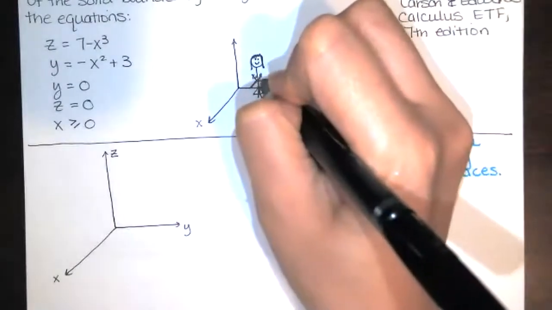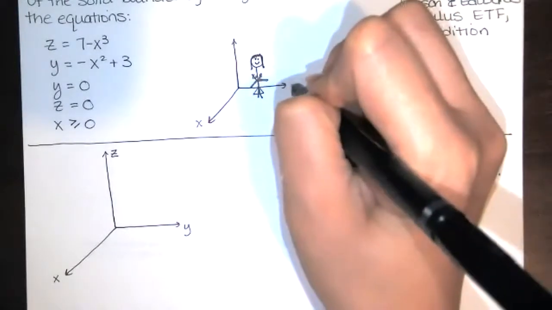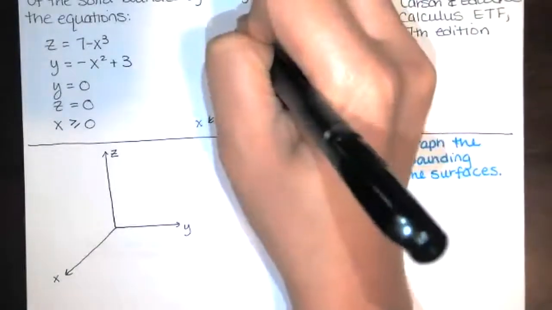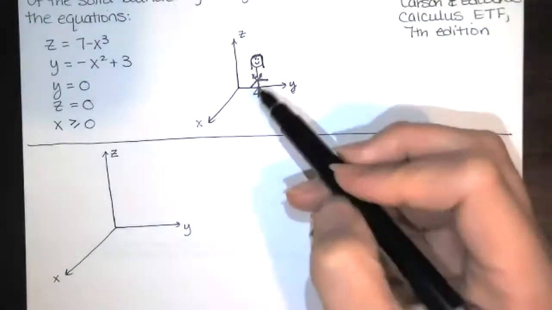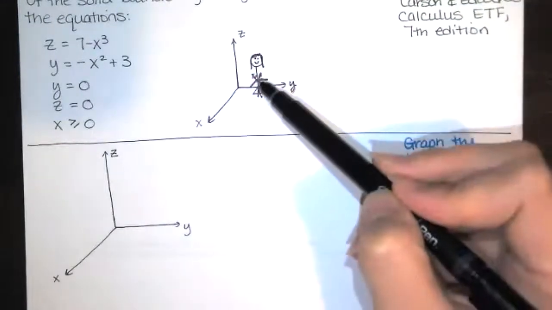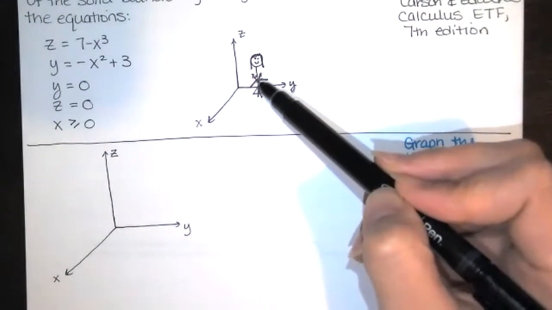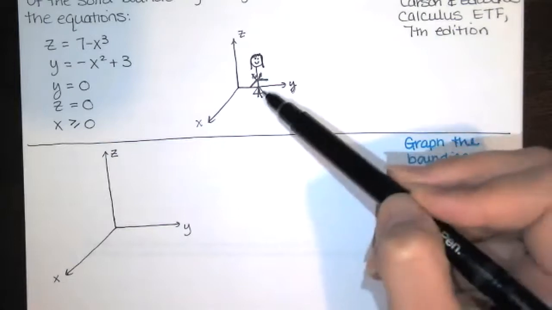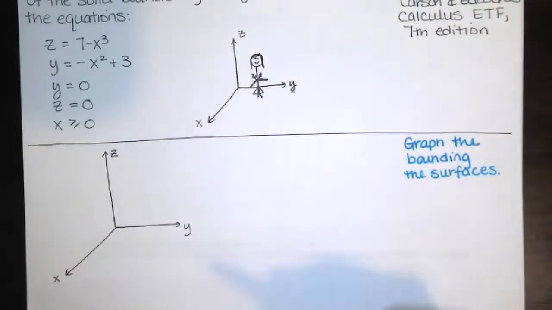If I put my left arm to the left, that's going to point in the direction of the y-axis. And then my torso is pointing in the direction of the z-axis. We call this a right-handed coordinate system because the positive x-axis is going in the direction of my right hand and the y-axis is going off to the left. So that's what makes it right-handed.